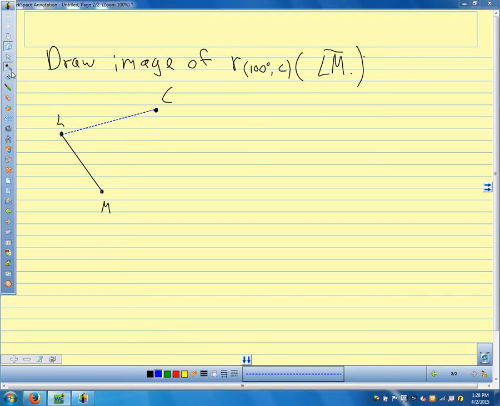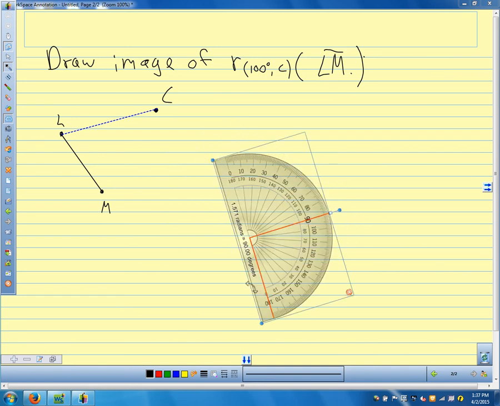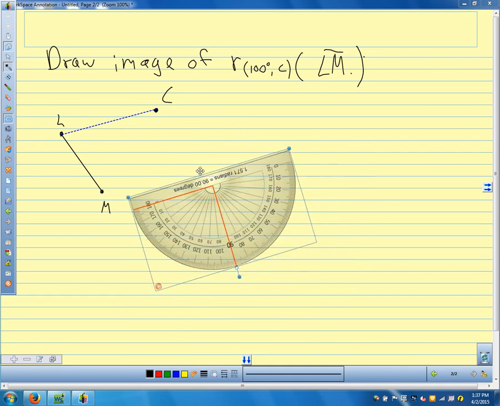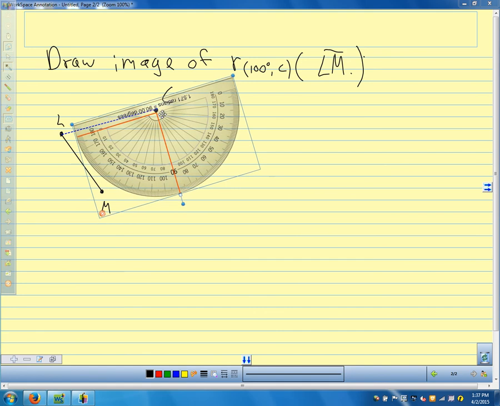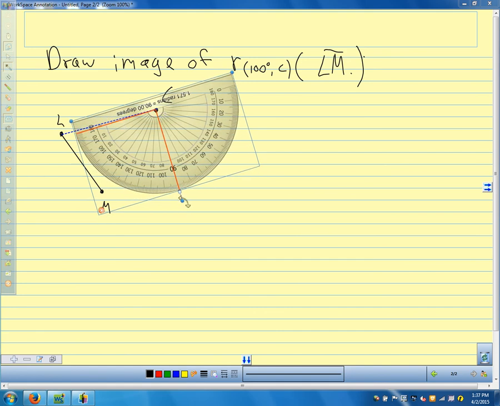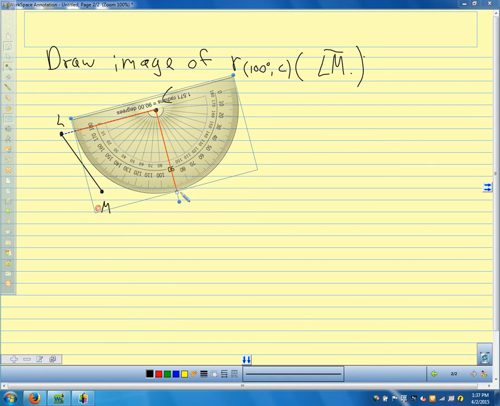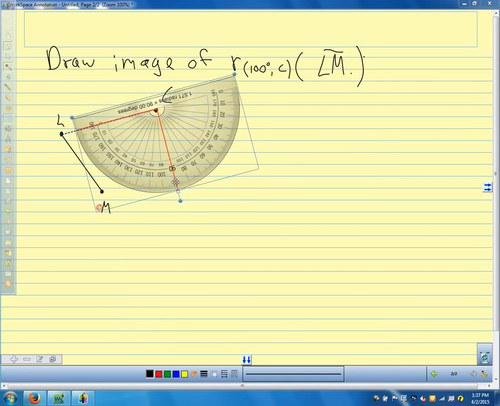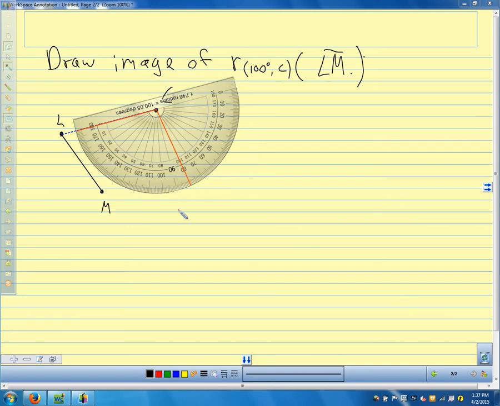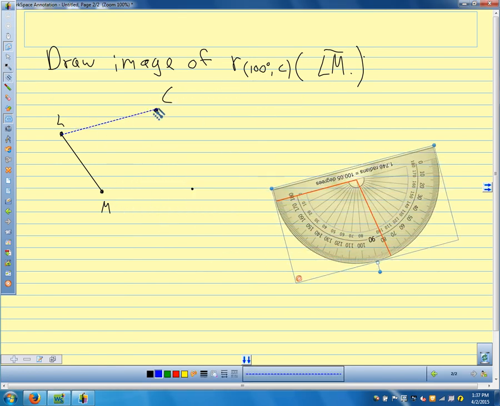And then I'm going to get my protractor and I'm going to measure a 100-degree angle around point C. So there's, got it on the line there, and there's 100 degrees, so right there. So I'm going to make a mark here, and then I'm going to draw a new line through that mark. So that makes sure I rotated 100 degrees.